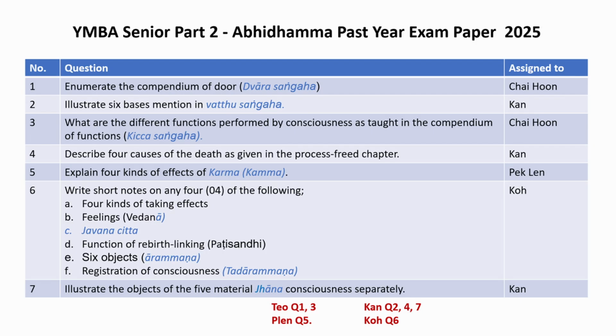Okay, I'll repeat the sequence. Don't worry, you also have another paper later. Sister Teo, questions 1 and 3. Myself, 2, 4, 7. Sister Pek Lane number 5, Brother Ko number 6.